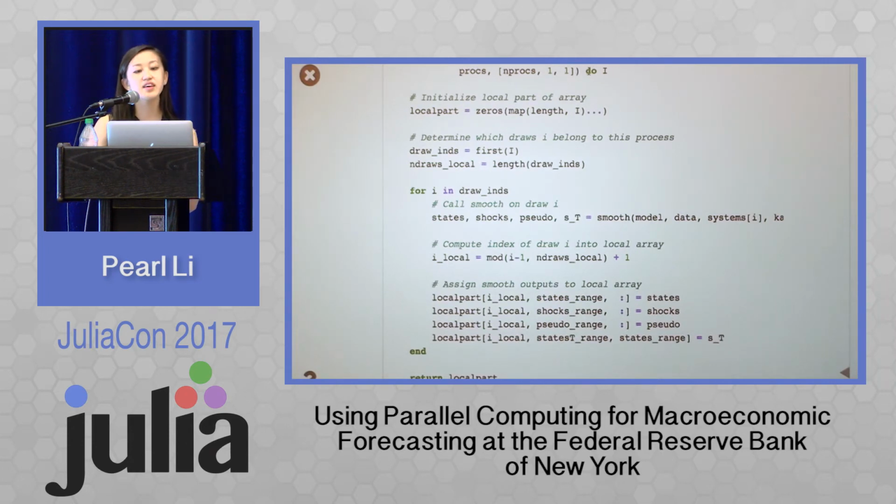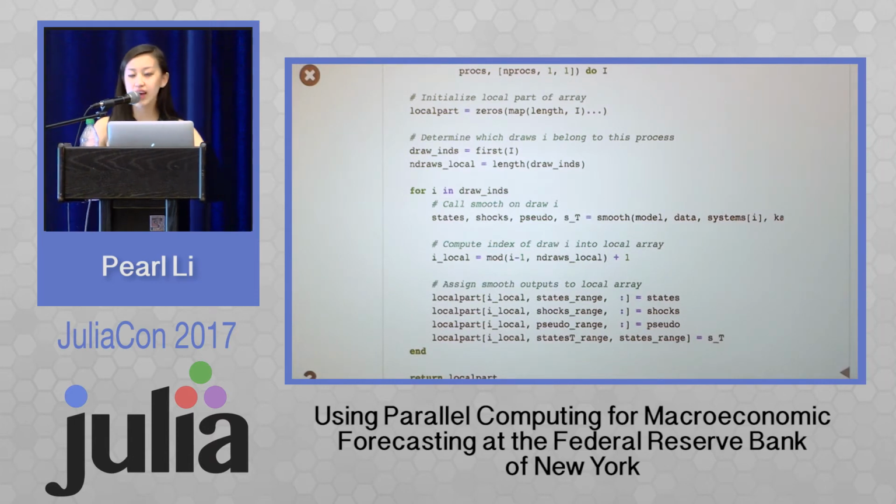This init function takes a tuple of local indices and returns an array corresponding to the local array living at those indices. And so we call smooth, this lower level function. We get these 4 outputs back, and then we just pack them into this part of the local array.